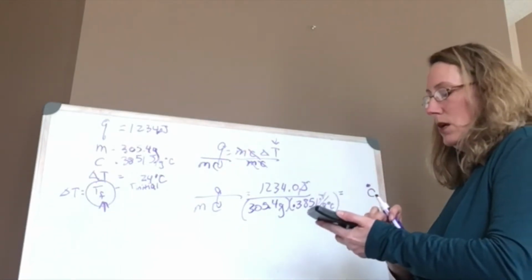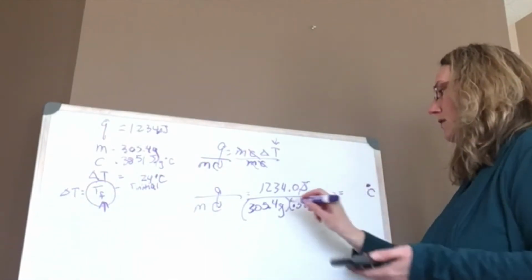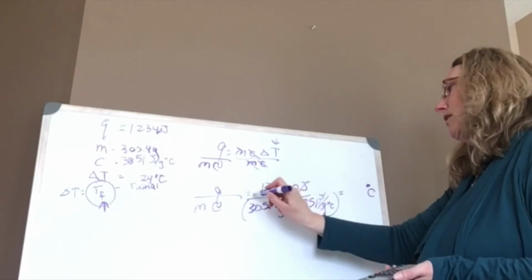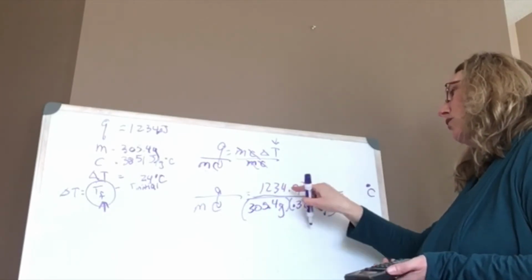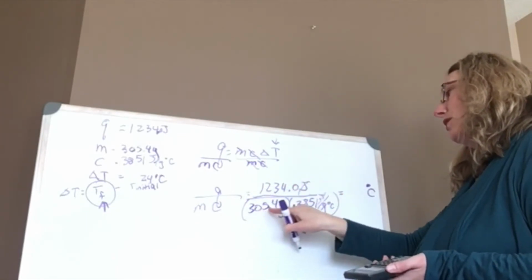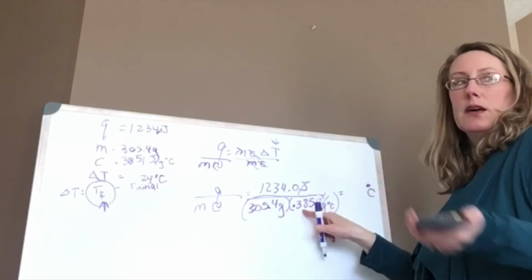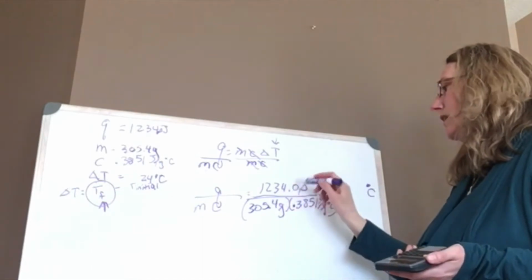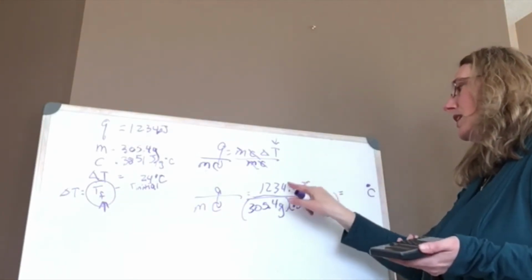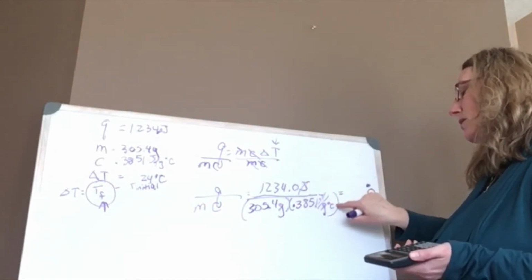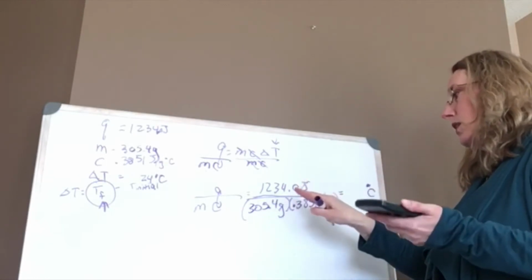So now this is an order of operations problem. If I do 1,234 divided by 305.4 times that, it's not going to work out. Because what you're really doing is taking this divided by this and then timesing it by this. So that won't give you the right answer.